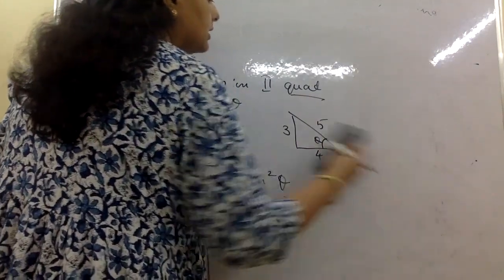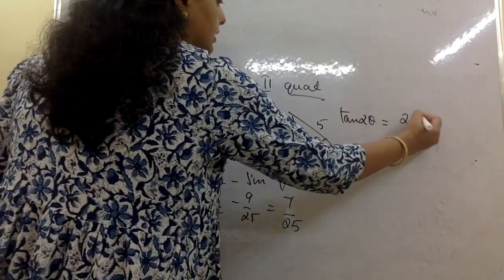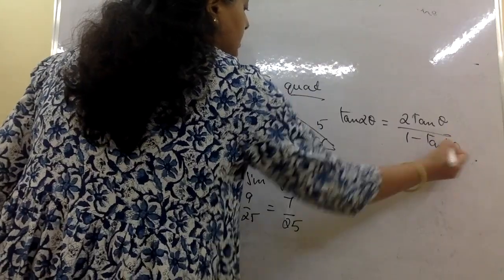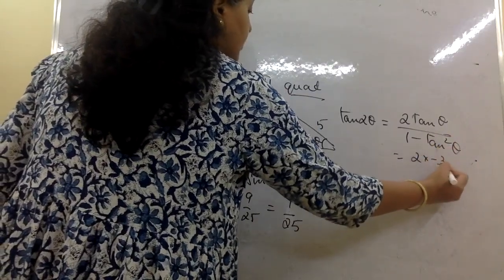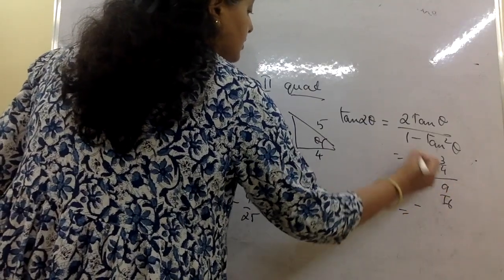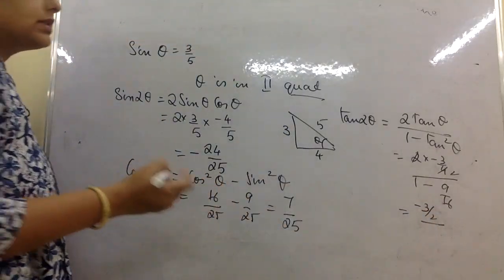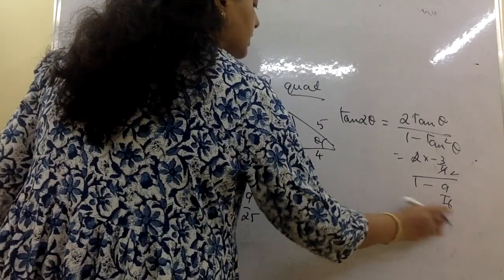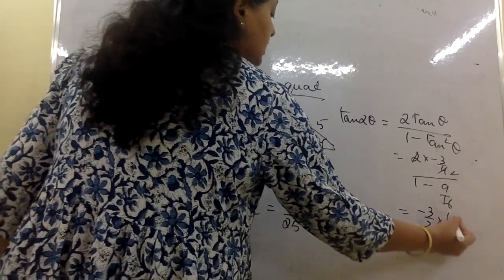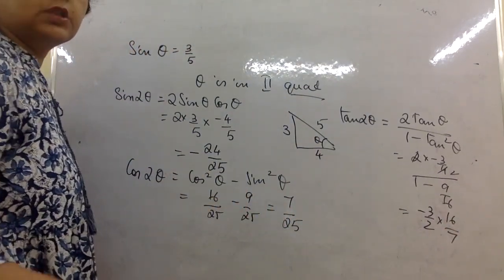Tan 2 theta is 2 tan theta over 1 minus tan square theta, is our formula. 2 into minus 3 by 4 over 1 minus 9 by 16, that is minus 3 by 2 over 7 by 16.